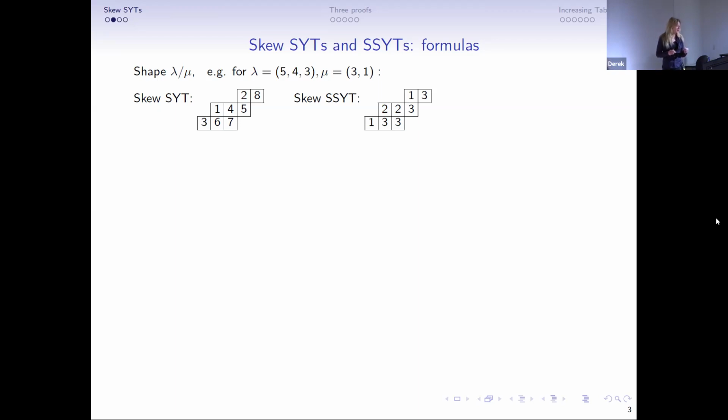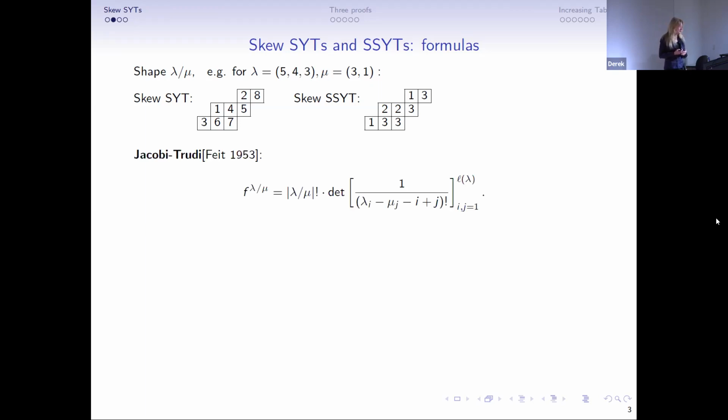The skew semi-standard Young tableaux, which are the building blocks of the Schur functions that will show up later on, are the ones where the numbers can repeat, but they should be strictly increasing down columns and weakly increasing along rows. And what kind of formulas do we have?